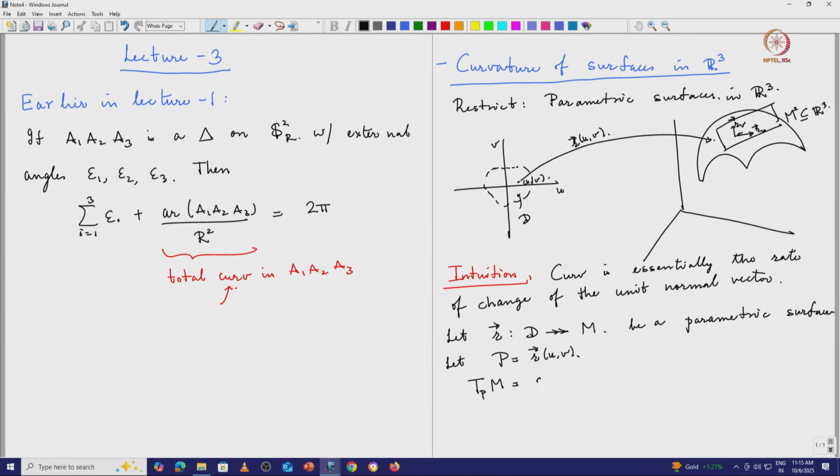So this is going to be the span of Ru and Rv at the point u comma v, where Ru and Rv are the partial derivatives of R in the u and the v direction. These partial derivatives give you tangent vectors at that point R of u comma v, and the tangent space is just the span of these two.